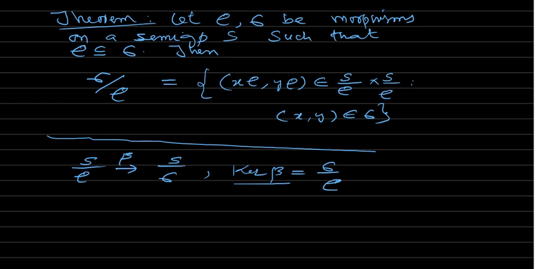So you need to prove that this rho over sigma is equal to the kernel of beta. So you need to show that this relation on S over rho is a congruence. It's actually the kernel of beta, a congruence on S over rho.